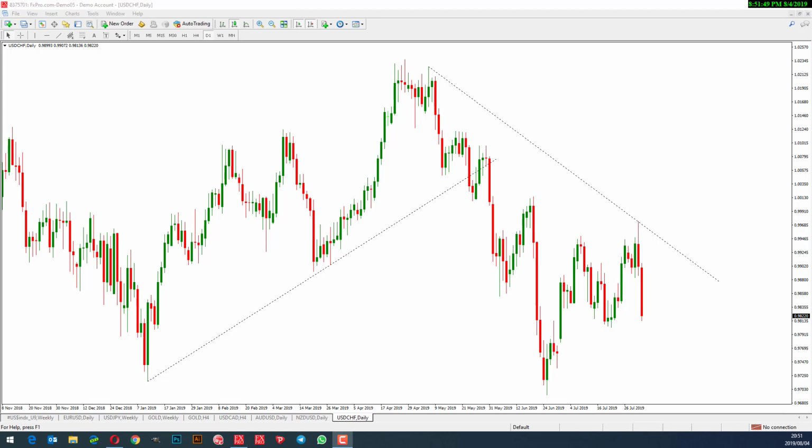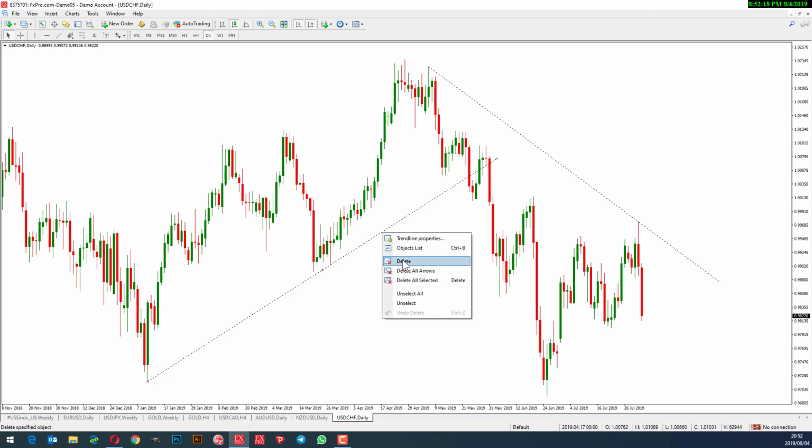I've drawn from this high to this next high, and then I just extend it. This one I draw from this low to this low, and then extend it. You can clearly see what happened when the market broke the trend line to the downside. Market tumbled. So if it had broken to the upside, then you would expect the market to rally to the upside. So that's a trend line.